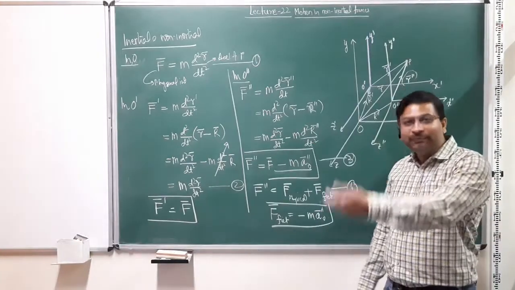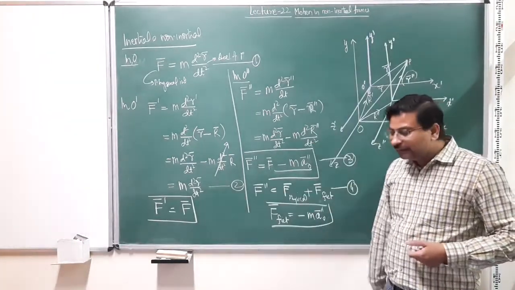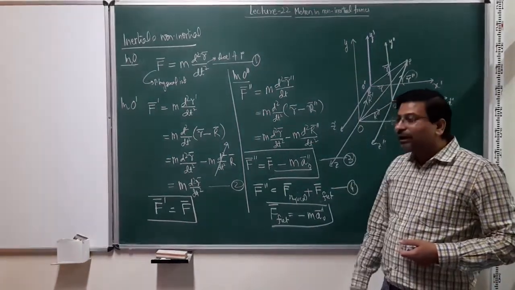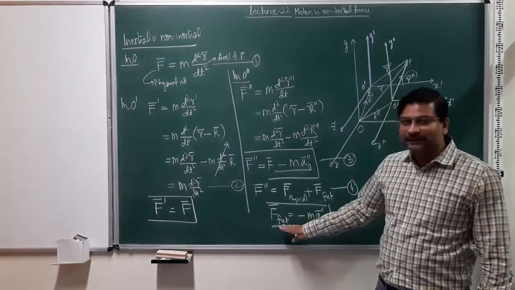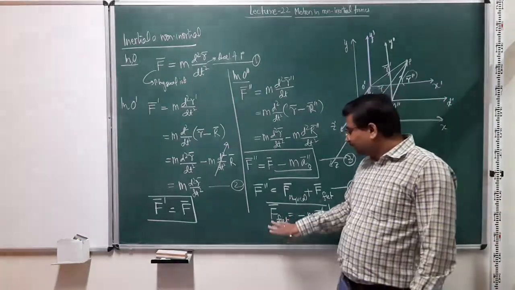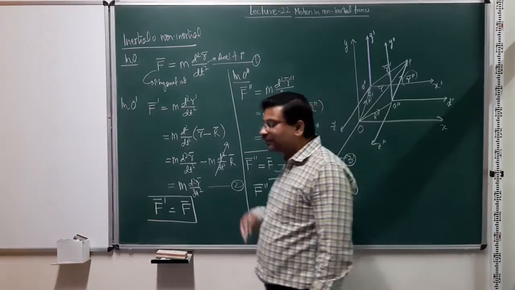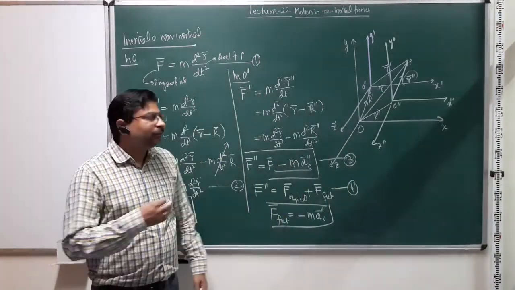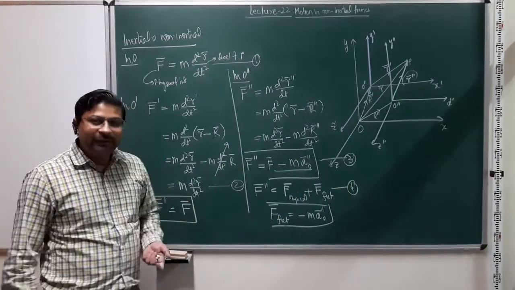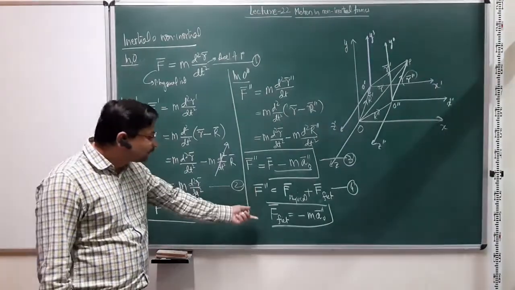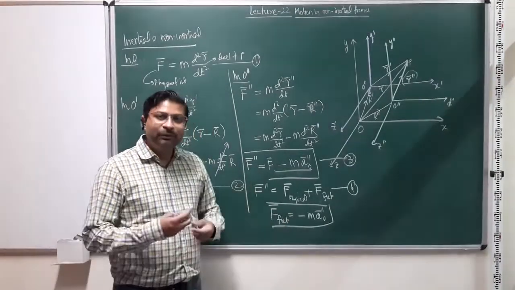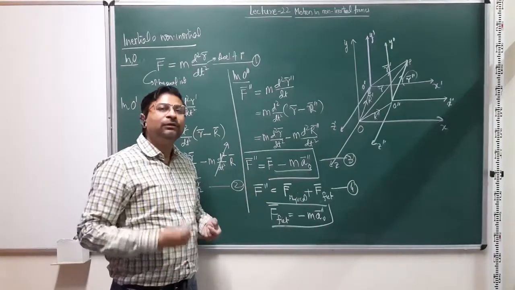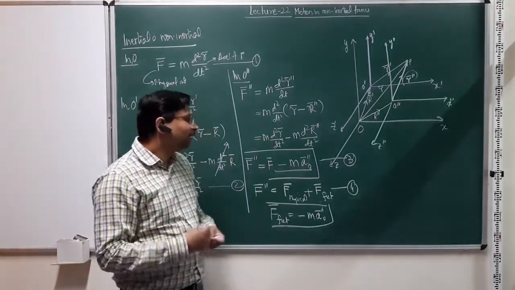It will have measurable effects in the accelerated reference frame. However, we call it fictitious only in the sense that the origin of this force is not because of one of the 4 fundamental interactions, right? It's purely kinematic. It purely comes because of motion of the system, not because there is a fundamental interaction in the system.